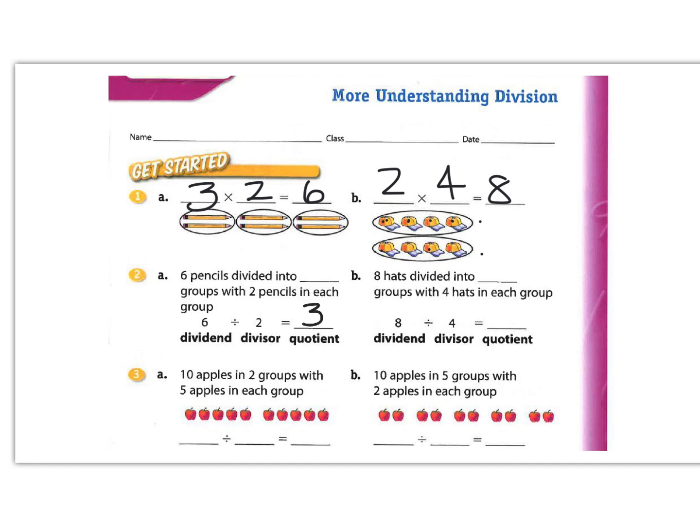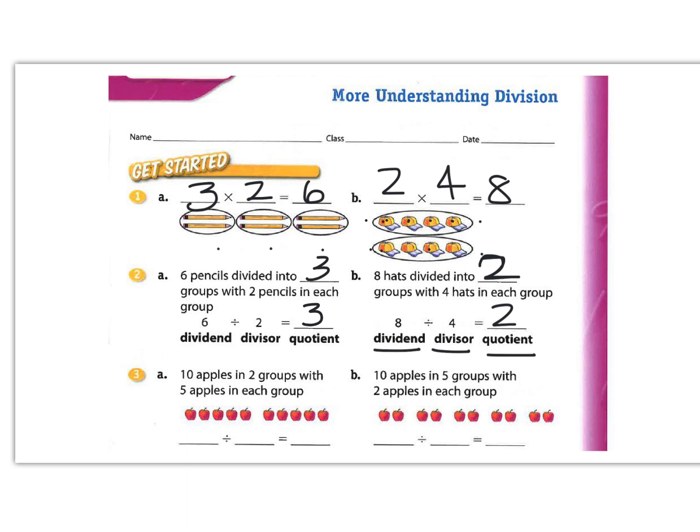So we have 6 pencils divided into 3 groups, and there are 2 pencils in each group. Part B says we have 8 hats divided into 2 groups. We can see we have 2 groups, and there are 4 hats in each. So the dividend is 8, the divisor is 4, and the quotient is 2. 8 divided by 4 is 2.